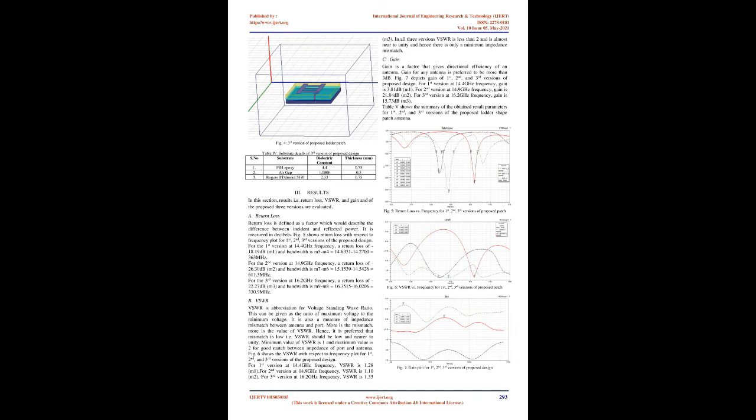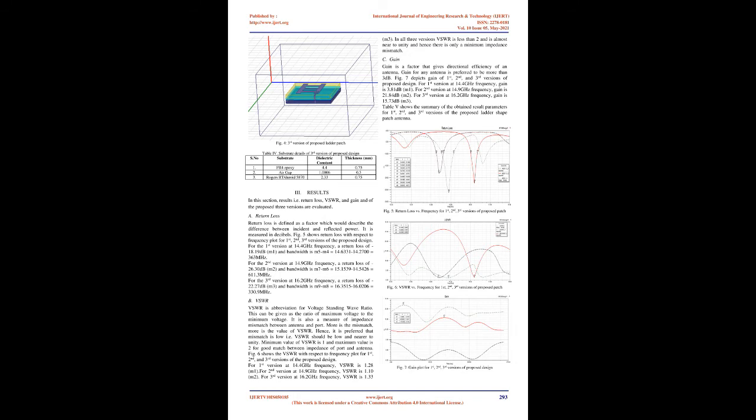B. Version 2. In the second version, the proposed design is placed above 2 substrates: Rogers RT/duroid 6006, which is immediately below the patch, and Rogers RT/duroid 5870 below Rogers RT/duroid 6006.